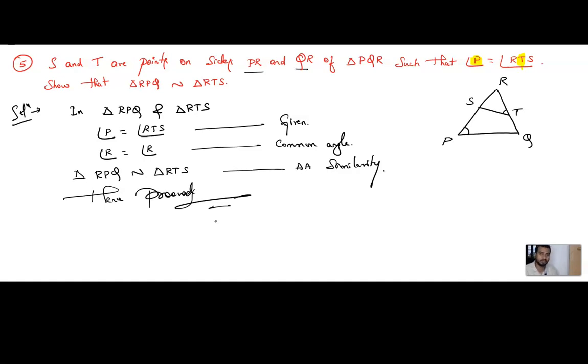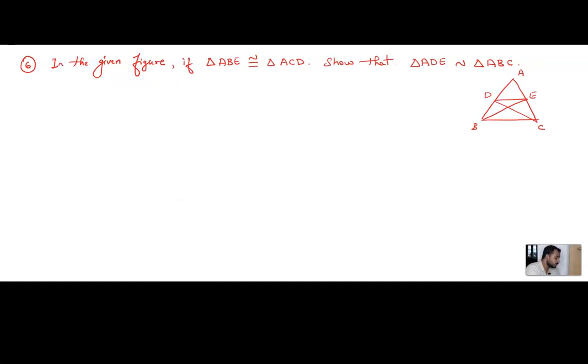Now let me solve the next problem. See, children, in the given figure, triangle ABE is congruent to triangle ACD.